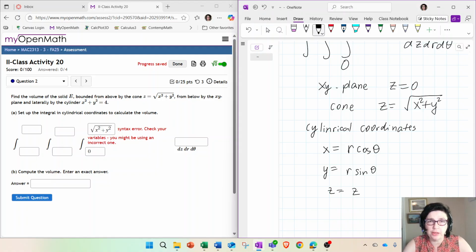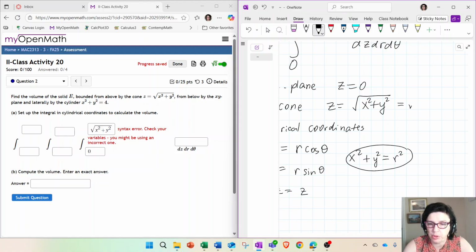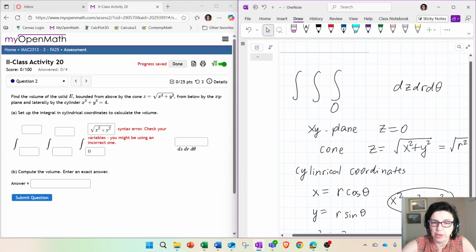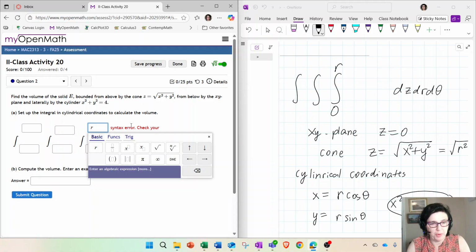Cylindrical coordinates are just a natural extension to 3 dimensions of polar. If you remember, because of the trigonometric identity number 1, x squared plus y squared equals r squared. That was true for polar, and that's also going to be true for cylindrical. So when I see this cone, square root of x squared plus y squared, to convert it I use this connection. I'm just going to have square root of r squared, which is just r. So that's going to be my top limit. It's not going to be that square root, it's going to be r.